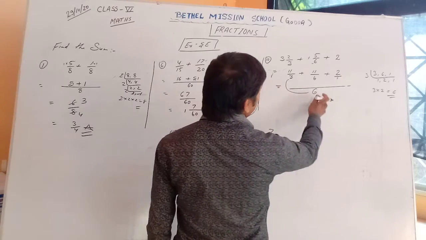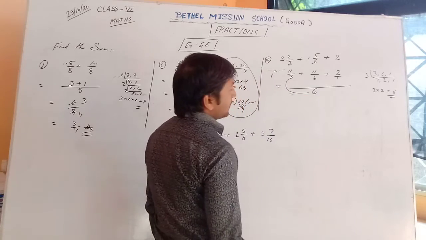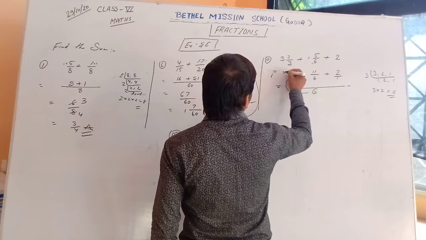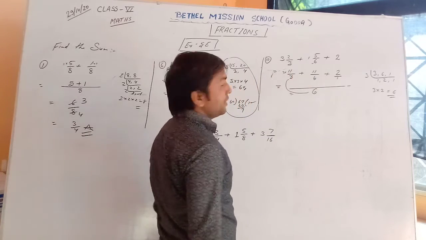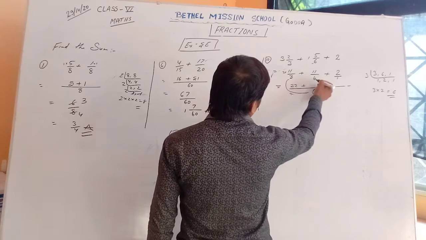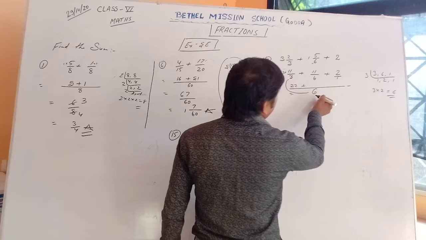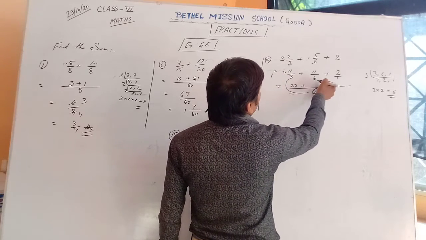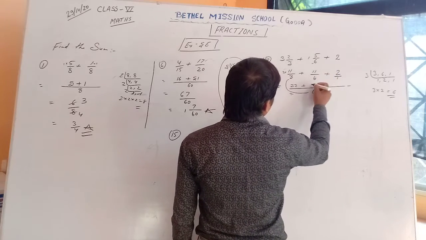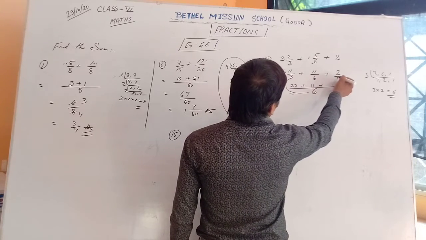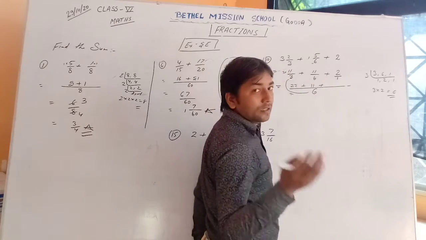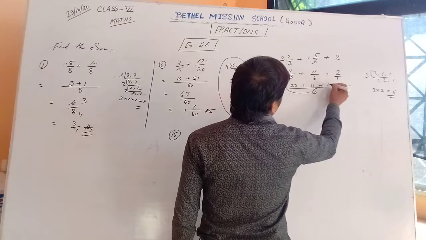Now the process: you have to divide by 3. 3 twos are 6, so 2, and multiply with the numerator. 2 into 11 is 22, and again by 6. When you divide 6 by 6, you will get 1. 1 into 11 is 11, and now 6 divided by 1 is 6, and 6 times 2 is 12.